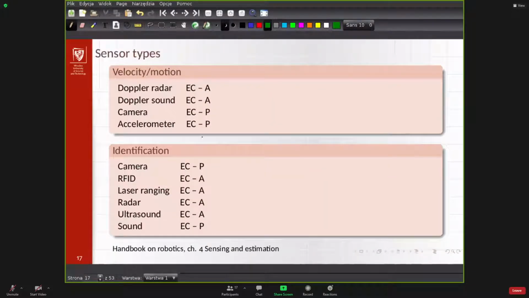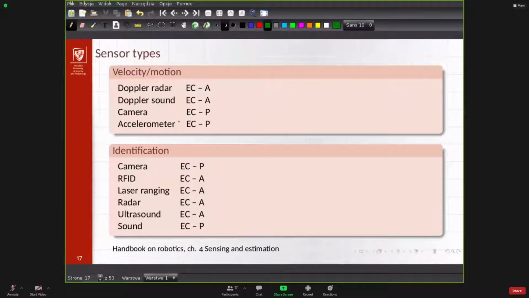Okay, so that's just a very quick overview of all the types of sensors. As I said, it's good to know the terms. So if you are not familiar with any of them, please check what it is. I suppose that you know most of them, and more or less know how they operate.